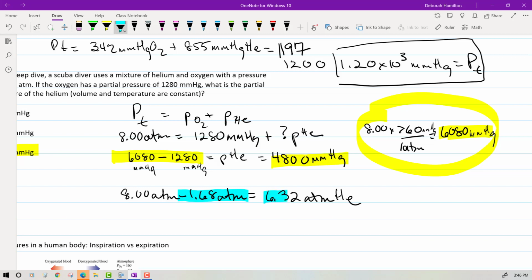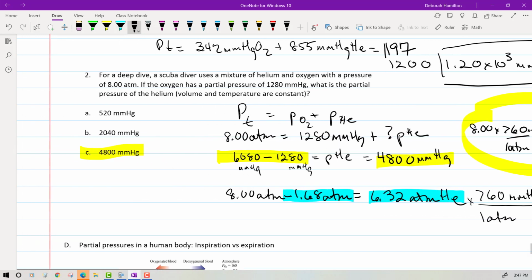And that gave me 6.32 atmospheres of helium. So if you want to check and see if that checks out to be the same, we can certainly multiply that by the 760 millimeters of mercury over 1 atm, and you do get that same answer. Okay? So don't believe me, give it a try so you can tell that.